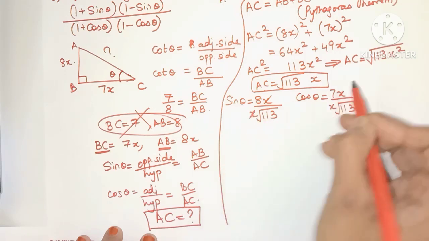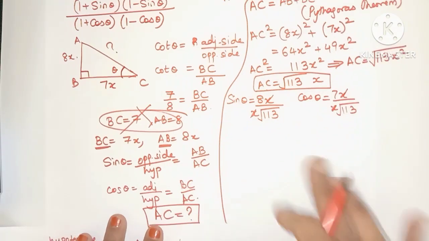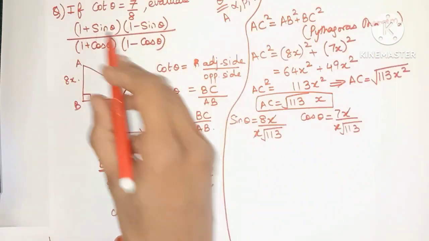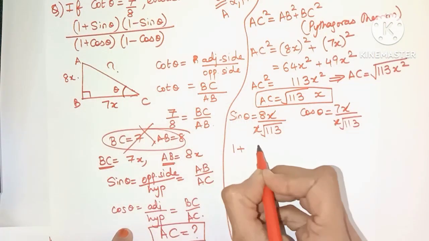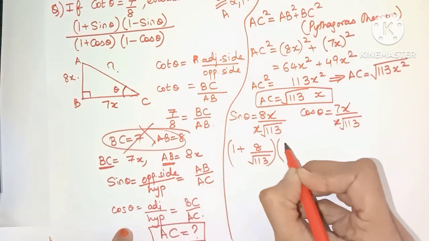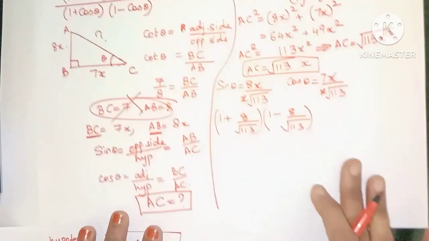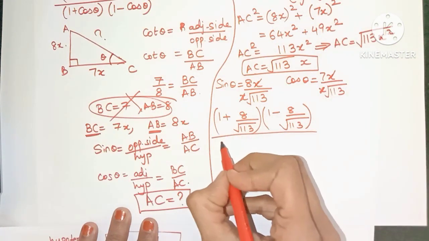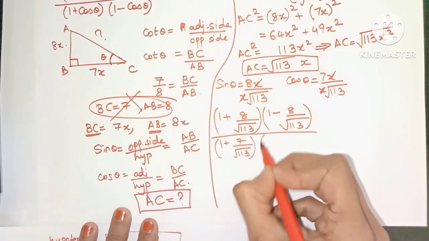So the x and x get cancelled, friends. So this is sine theta and cos theta. Now we need to find this expression. So it is 1 plus sine theta, that is 1 plus 8 by root of 113, bracket 1 minus sine theta, like this. Let's quickly substitute the values of sine theta and cos theta.